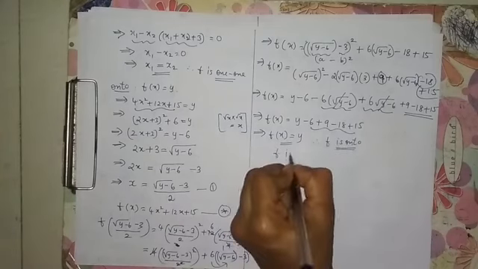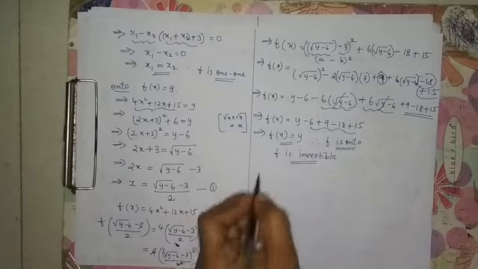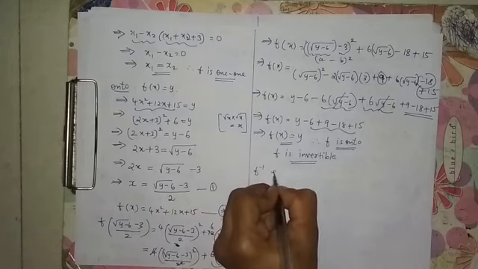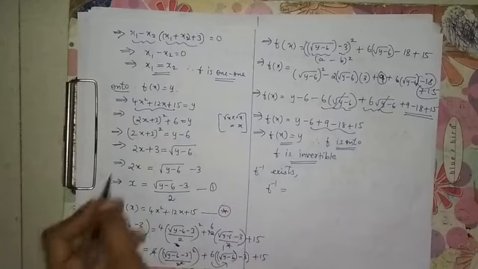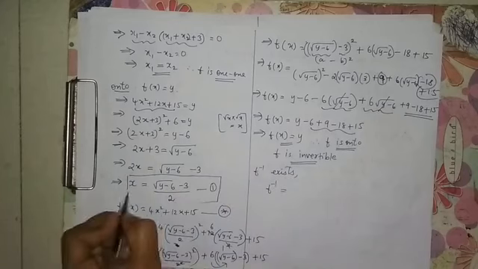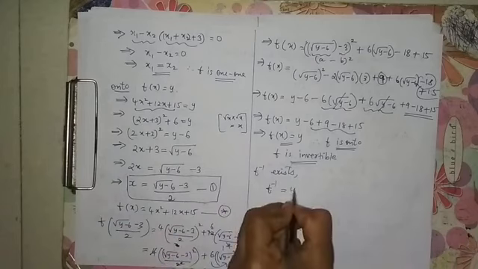Therefore f is onto, f is invertible. If invertible, then f inverse exists. So what is f inverse? I had told you, in equation 1 you just have to interchange x and y. So f inverse of x, or f inverse, equal to x in the place of y.